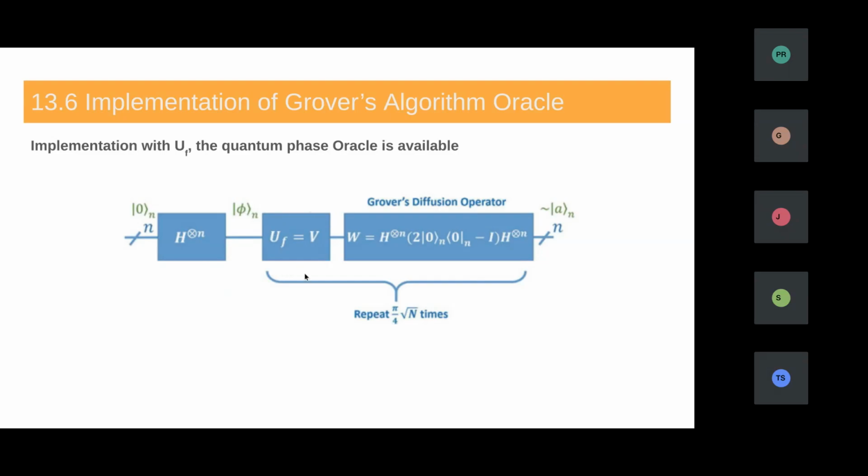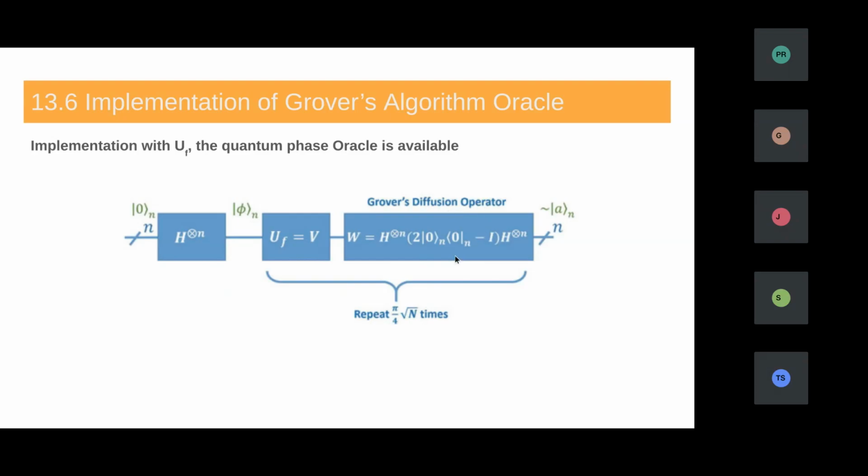Then you apply a vector v to make sure that you are differentiating at least one of the targets, depending on the inputs, and then repeat this VW rotation pi by 4 into root N times, which is what we calculated. This W operator is called the diffusion operator. So first you ensure that you identify the target, and then you amplify it.